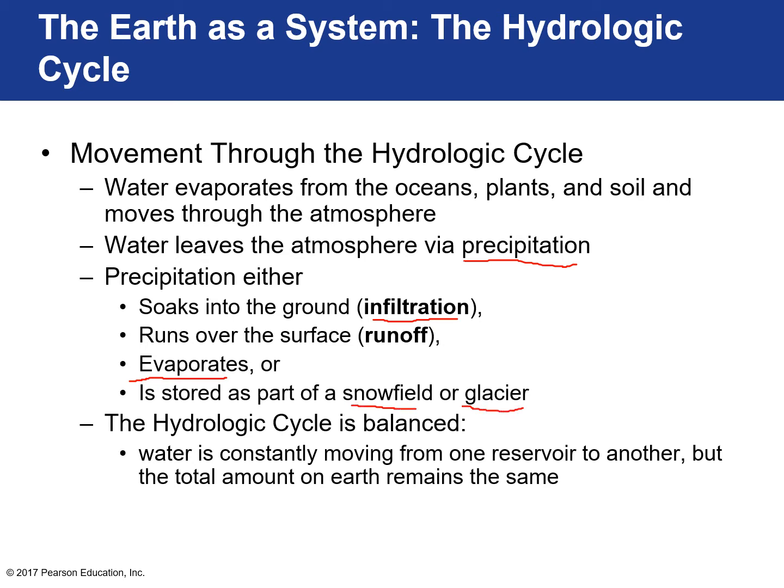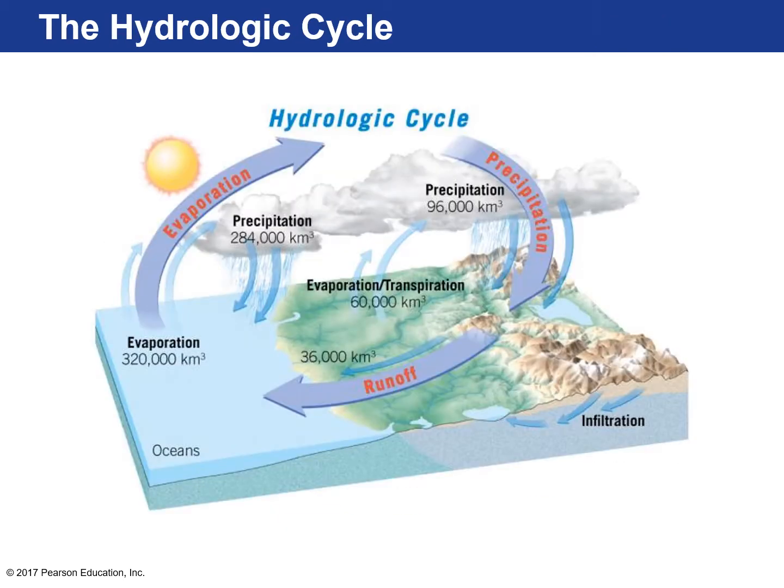All right, so the hydrological cycle is balanced. Water is just moving from one reservoir to another, but the total amount of water essentially remains the same. So here it is. About 320,000 cubic kilometers are evaporated from the oceans every year, approximately. About, what is that, maybe 70% of it rains back onto the ocean as precipitation or snow.